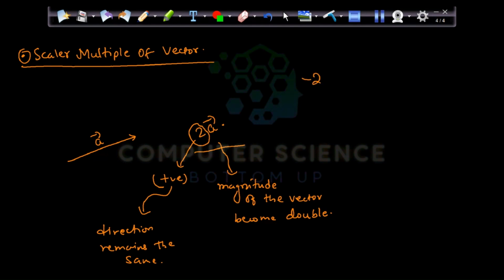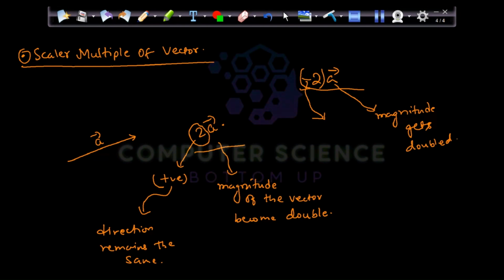If we had done -2 times the vector, what would it mean? It means that the magnitude gets doubled, no doubt, magnitude gets doubled here also. But because of the negative sign in the scalar, because the multiplication of the vector is with a negative number, the direction has got completely reversed.